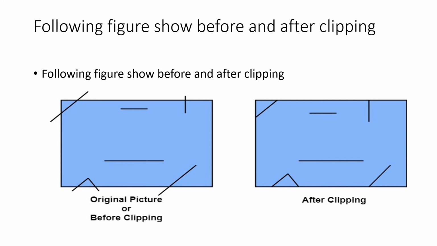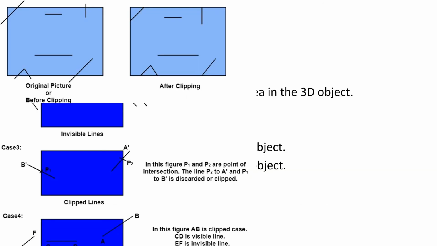So after clipping, only the lines which are completely inside the window are what we can see. Clipping means that the portion of the lines which are not inside the window comes under clipping and will be omitted.